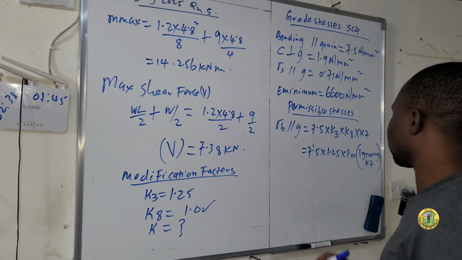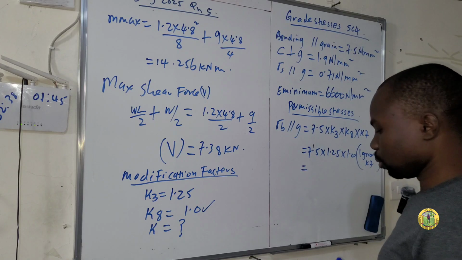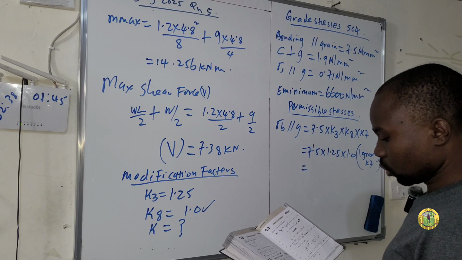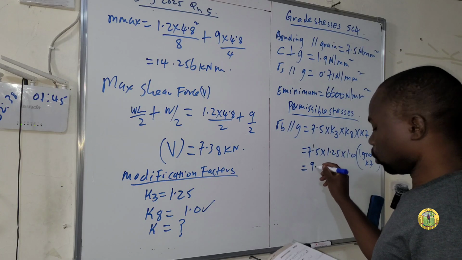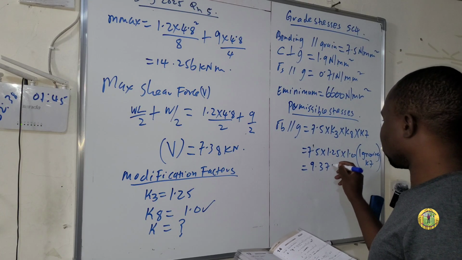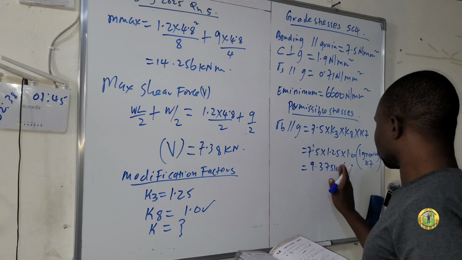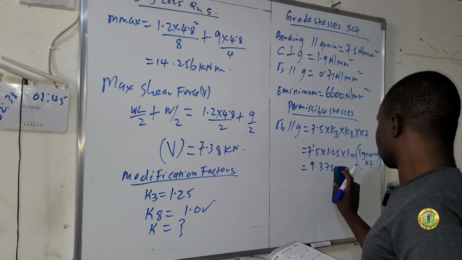So this one is equal to 9.375 Newton per millimeter square.